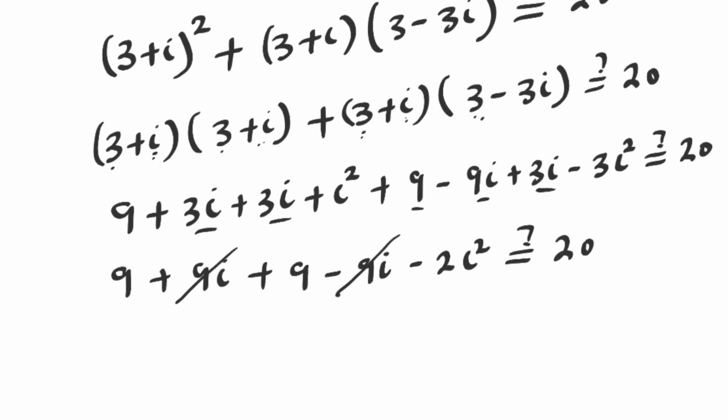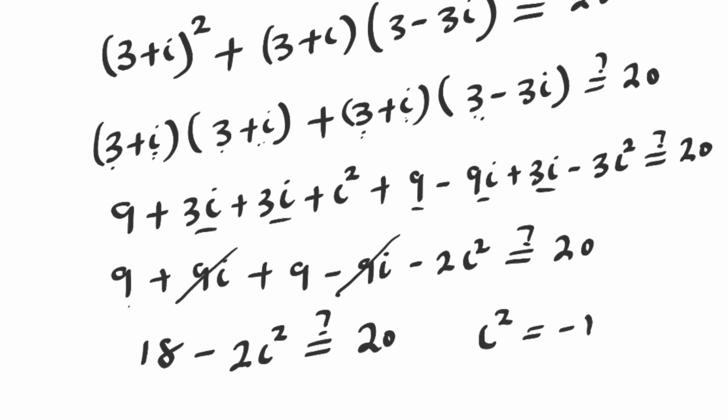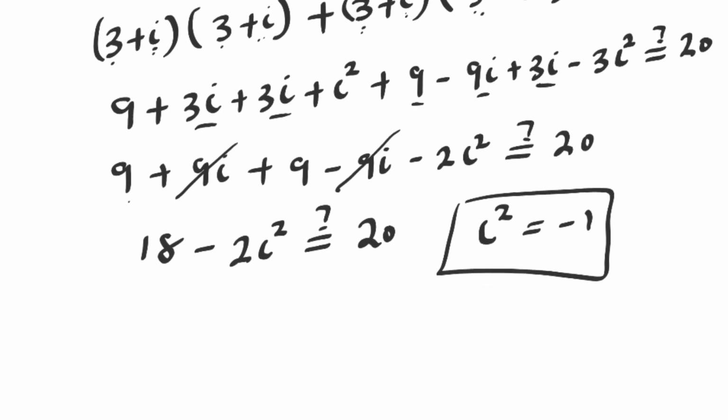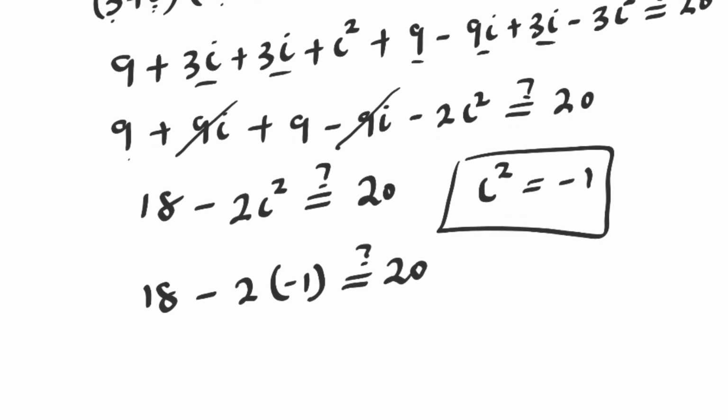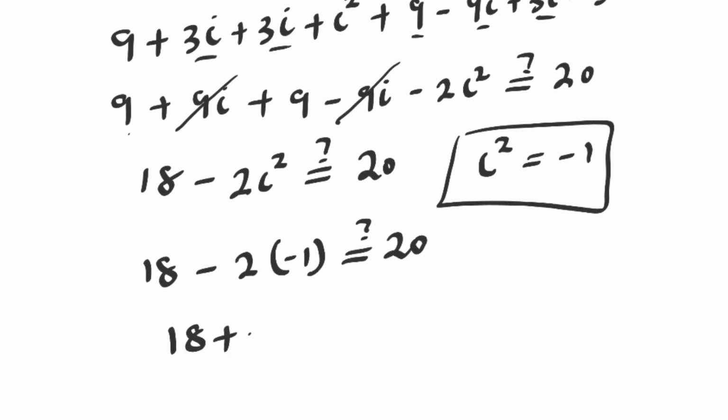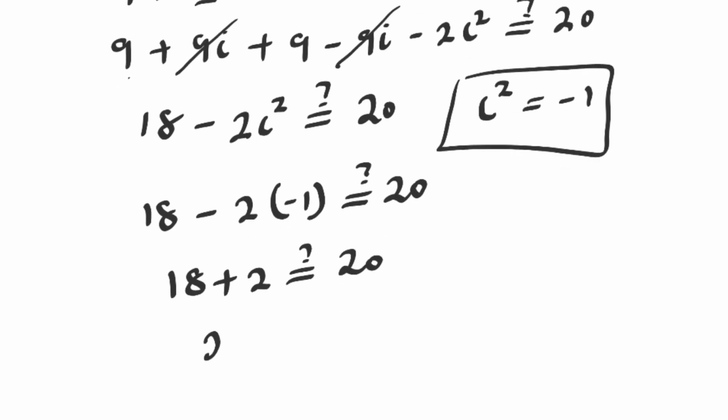Now we have 9 plus 9, this is 18, minus 2i squared must be equal to 20. i squared is equal to minus 1. 18 minus 2 bracket minus 1 must be equal to 20. 18 minus 2 bracket minus 1, this will give 18 plus 2 must be equal to 20. 18 plus 2, this is 20, is equal to 20, which is true.